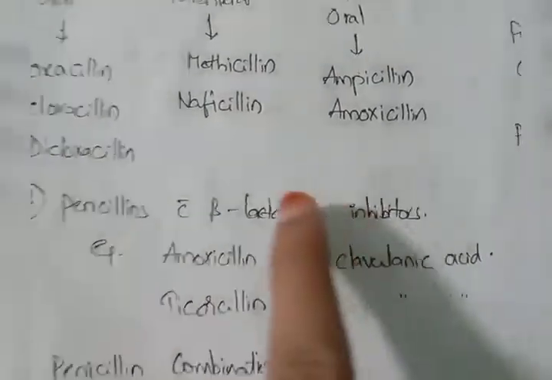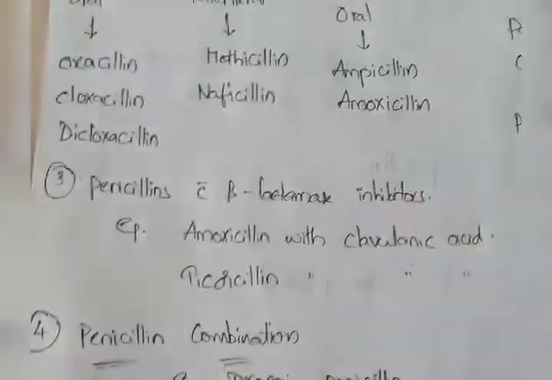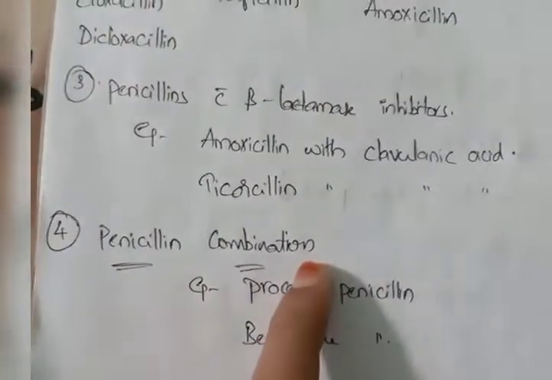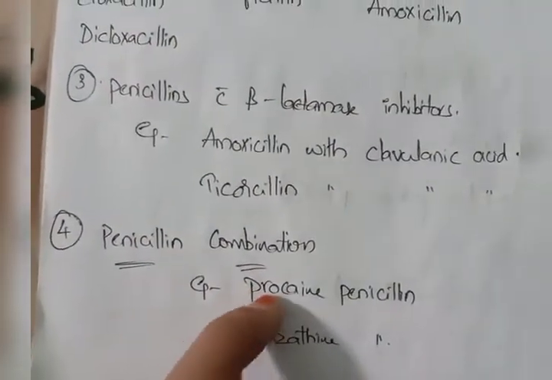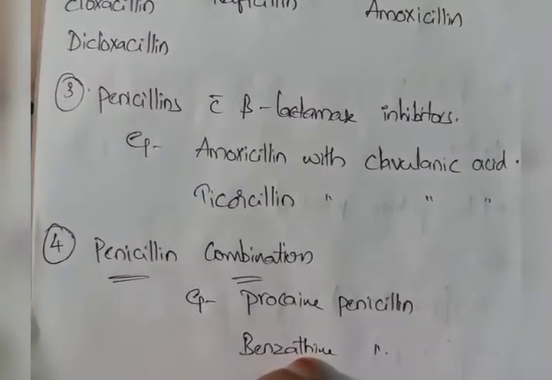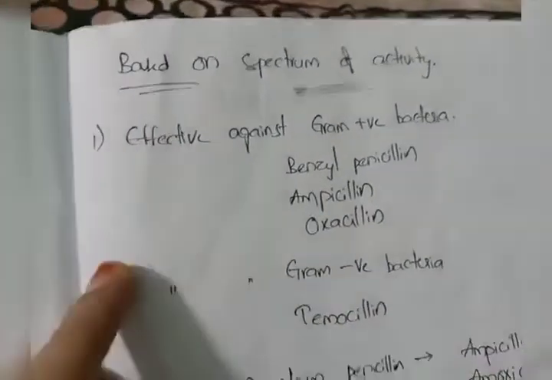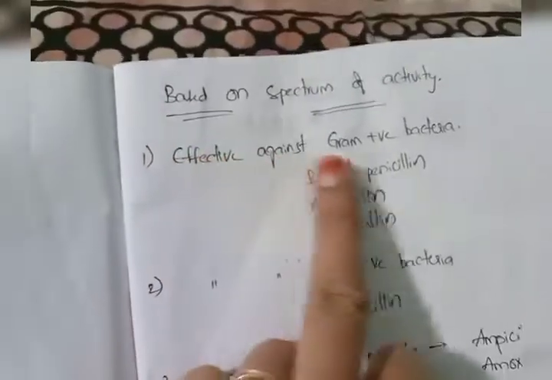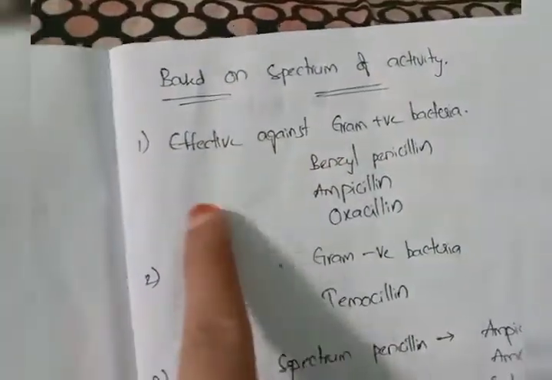This clavulanic acid is nothing but a beta-lactamase inhibitor. Next, penicillin combinations: procaine penicillin, benzathine penicillin.